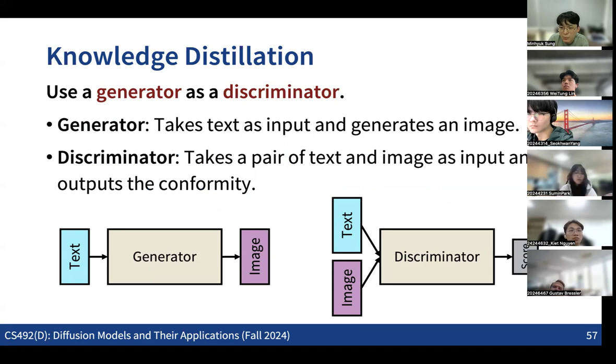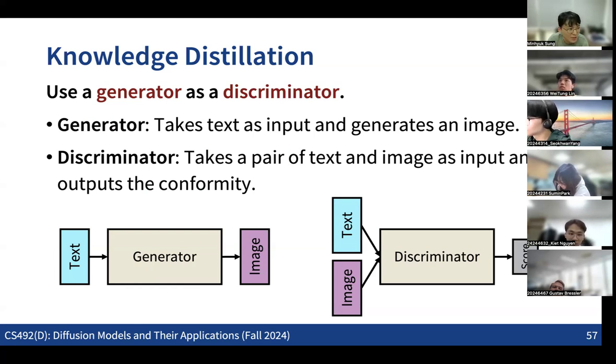But here, what we need is not the generator, but a discriminator. As we also discussed in the GAN, the role of the discriminator is not producing the image as output, but taking both text and image as input and giving some kind of score of the alignment, right? So their roles are not the same.